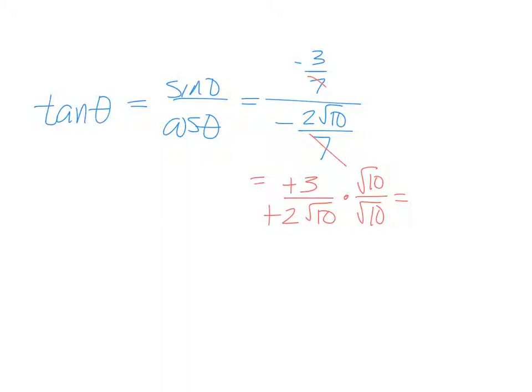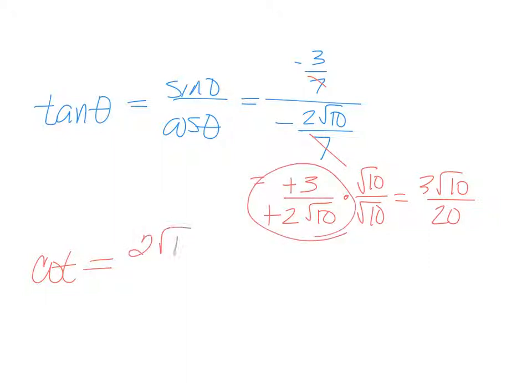Okay, the negatives cancel. I have 3 square root 10 over 20. And cotangent. I'm going back to my tangent and doing the reciprocal of that. 2 square root 10 over 3.